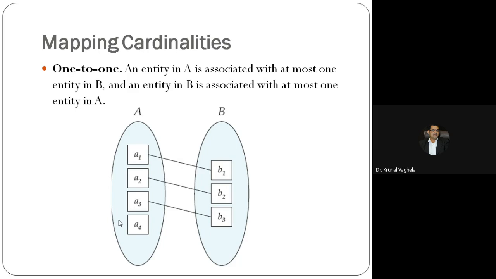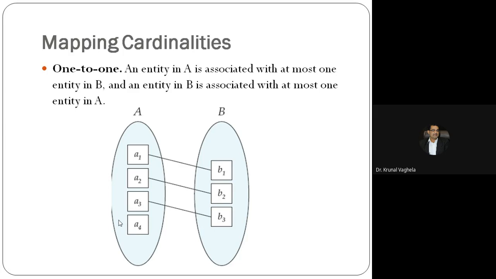Got the point? If I go to Bank of India, I can have only one account. So one-to-one, customer to account. And if I want to have a joint account, that means my account belongs to me and my wife. No, that is not one-to-one.